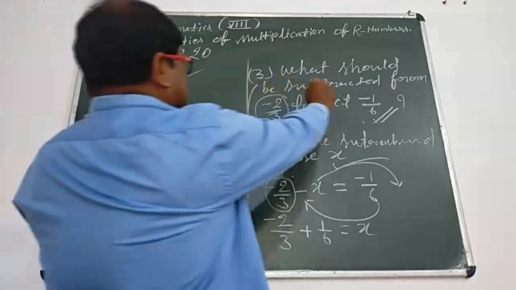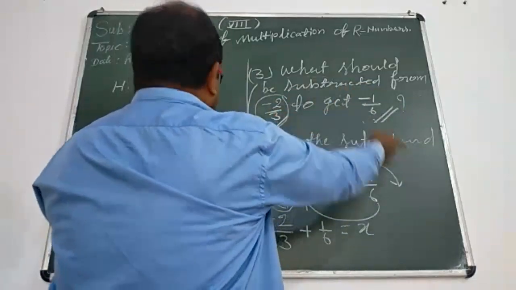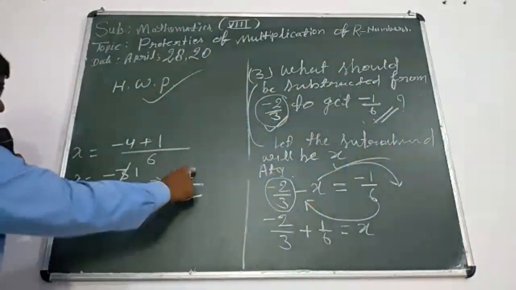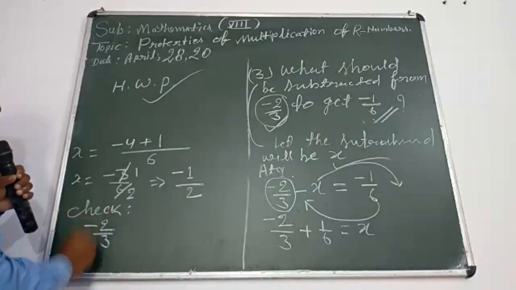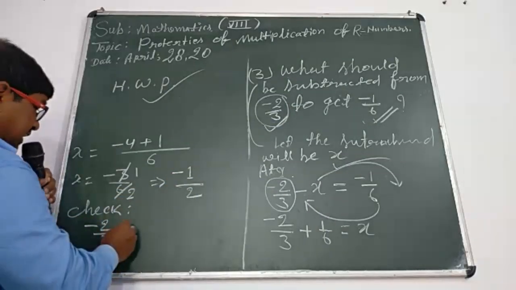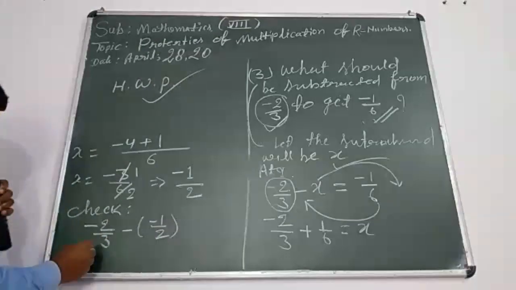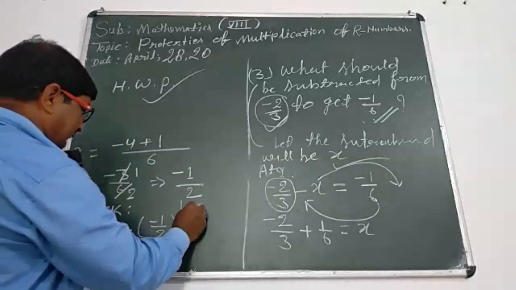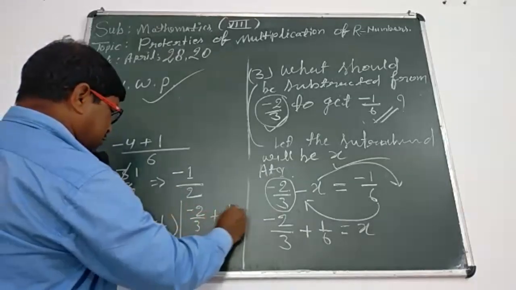Mind the question: what should be subtracted from this to get that? Your answer is minus 1 upon 2. Write minus 2 upon 3. You are going to subtract what? Minus 1 upon 2. Check the solution. Minus 2 upon 3 minus minus, plus 1 upon 2.